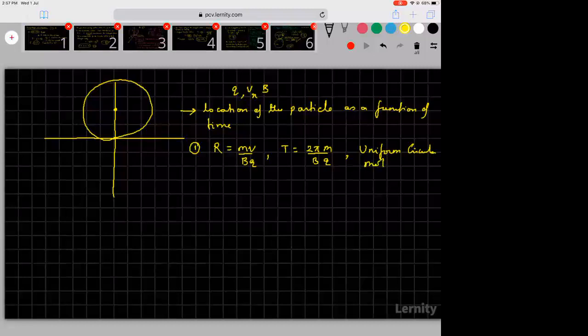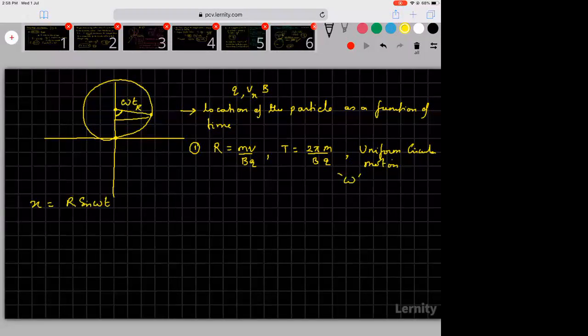Uniform circular motion means omega is fixed. The particle was here at time t equal to 0. After some time the particle reached here. So do you understand that this angle here is omega t, and the x coordinate is going to be equal to r sine omega t?